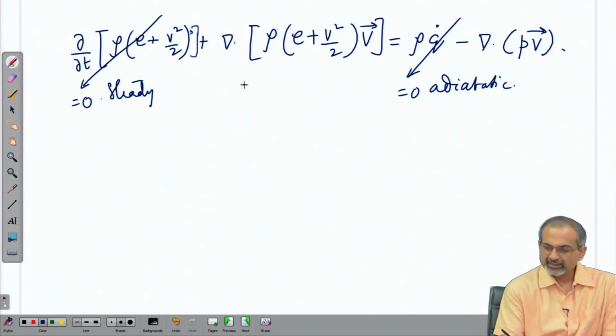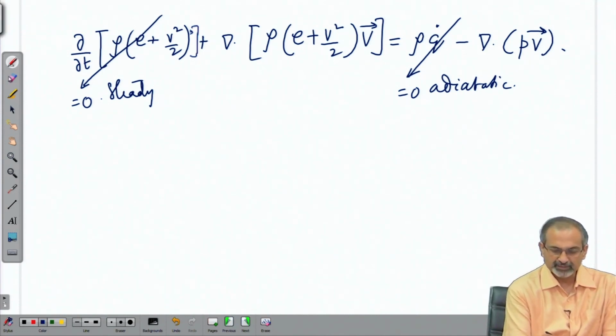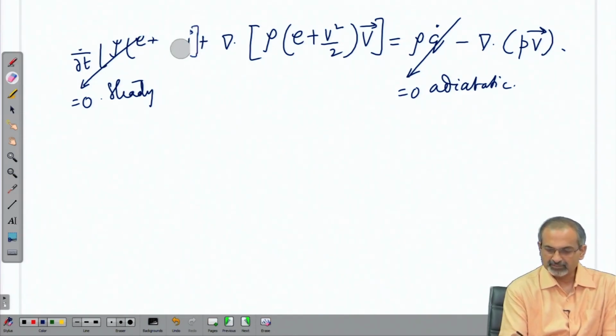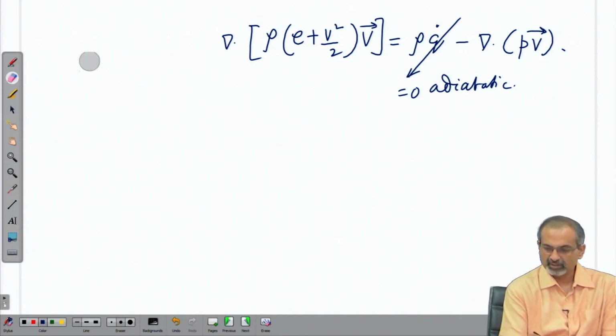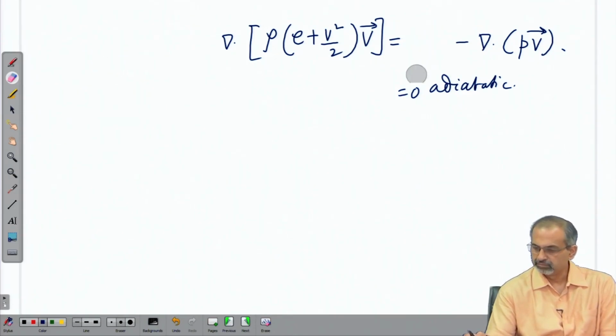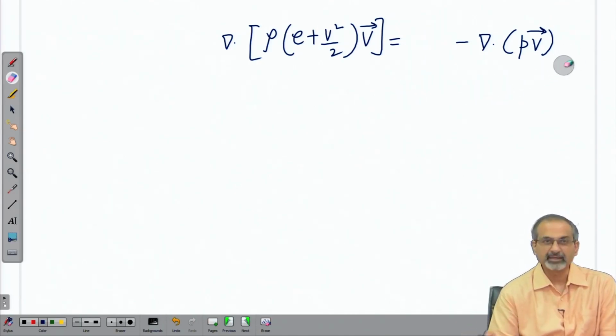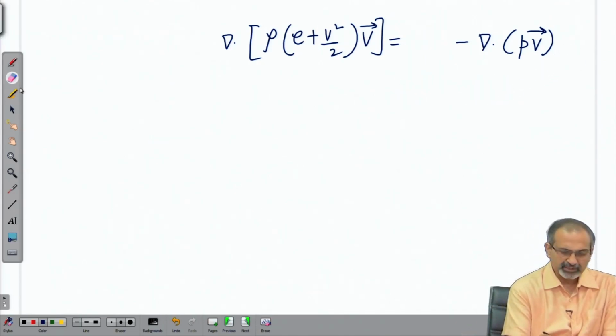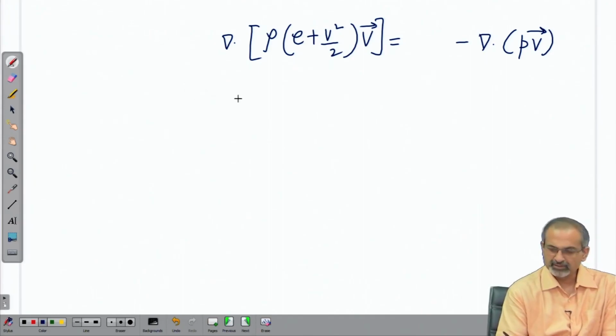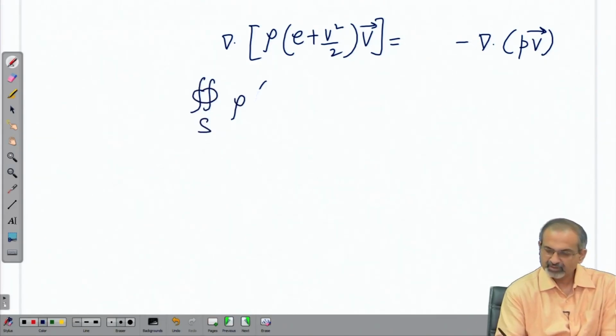If you do that, then the integral form will boil down to a simpler form, where you will be just left with this part on the left hand side and this part on the right hand side. That would be the integral equation. This would be the differential equation. What would be the corresponding integral equation? It would look like this.